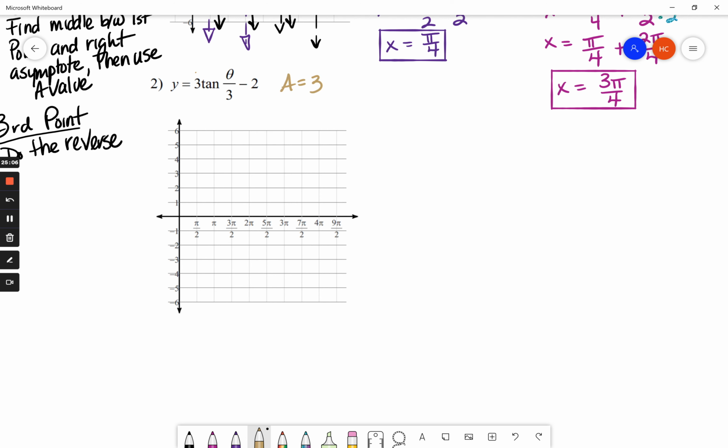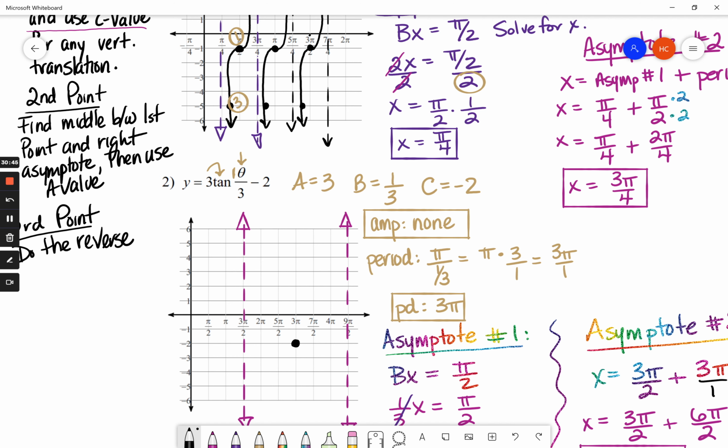So let's do that. Find the middle and go down 2 values and put your dot.